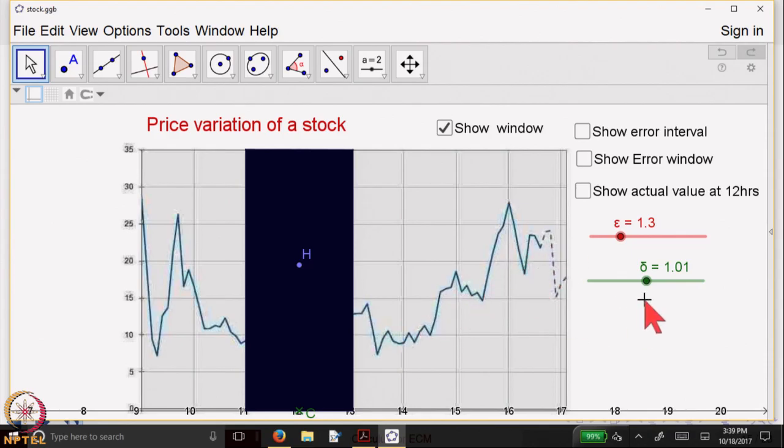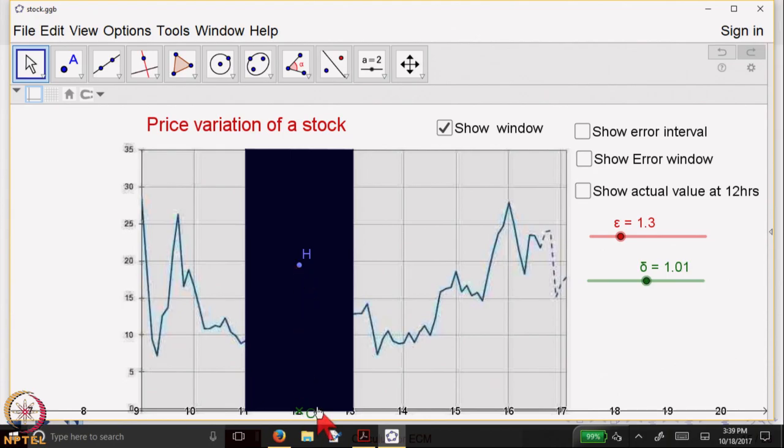So, now look at this scenario. I have the data for the price of the stock before 11 and after 1, and I want to predict what could have been the price at 12 o'clock. So, this is the problem we want to analyze.